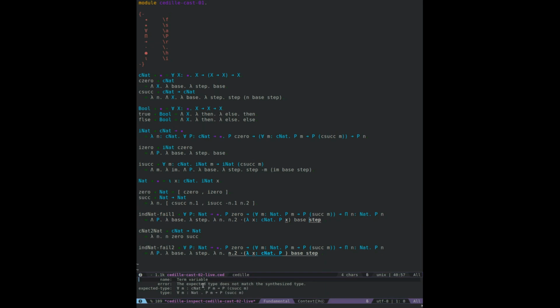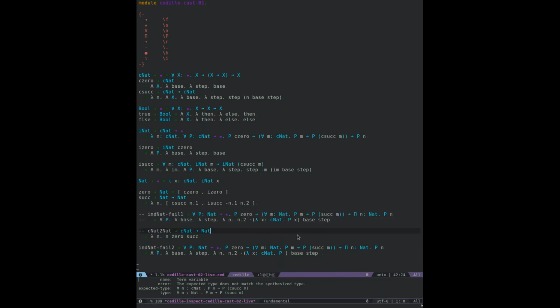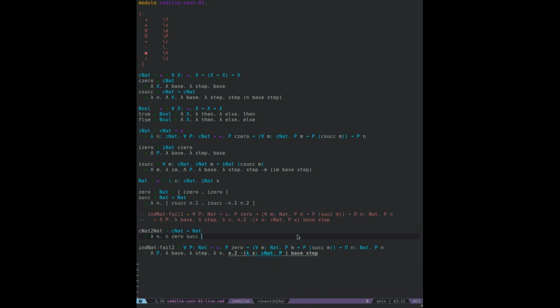Here, I'm expecting cnats, but I've been provided with nats. Of course, this is ill-kinded. So what we'll say here is that we've been given a cnat that we've named x in our motive, and we're going to just convert it with cnat to nat x. Drat! What went wrong?